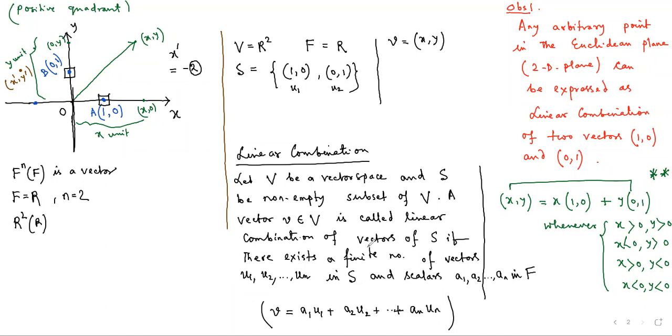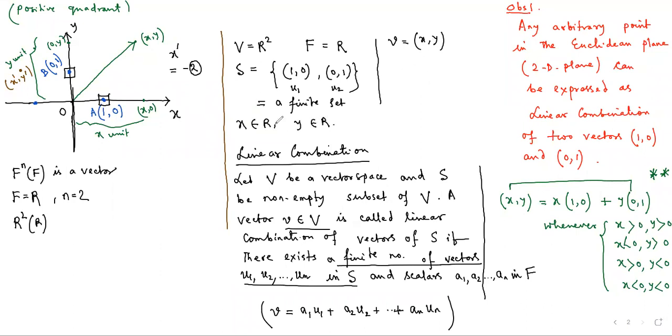Now just look at the definition. It is saying that for a vector v there exists a finite number of vectors u1, u2, ... un in S. Obviously the set S is a finite set, and therefore a finite number of vectors, that is 2 vectors, are obtained in S, and scalars. So what are the scalars here? Here the scalars are x, which is a real number, and y, which is a real number.